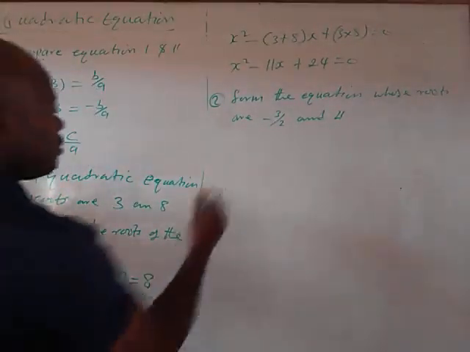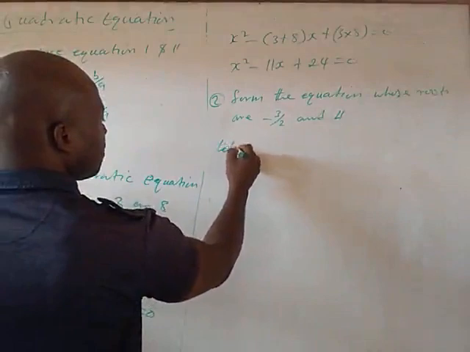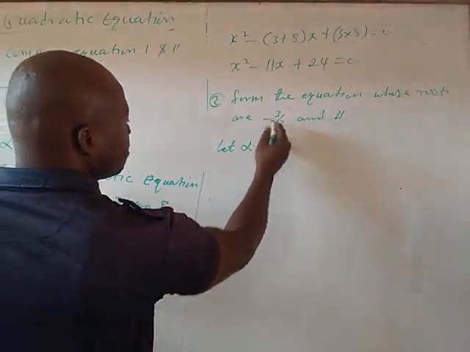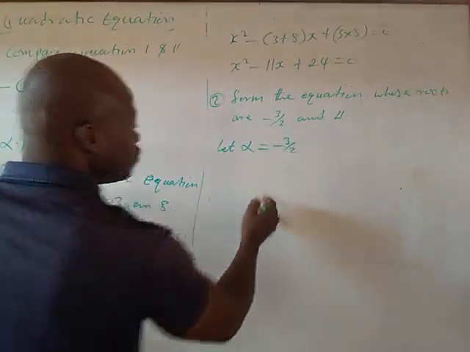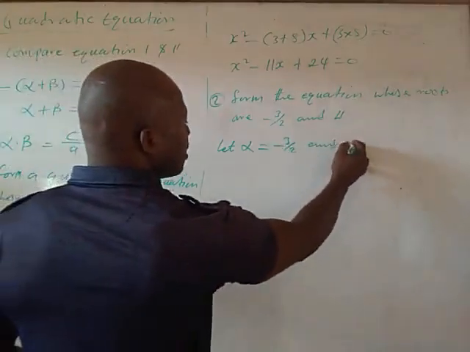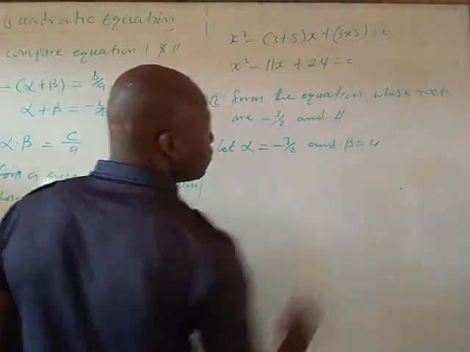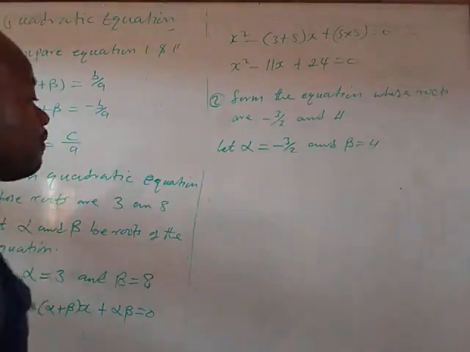Now, we say let alpha equal to minus 3 over 2 and our beta will be equal to 4.